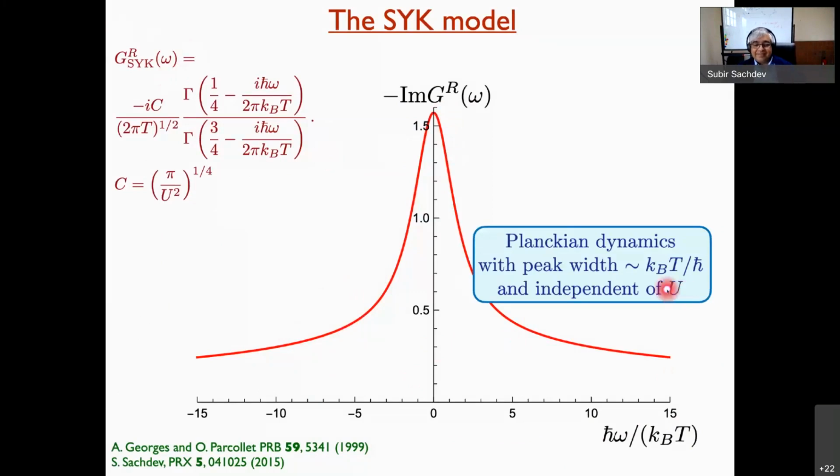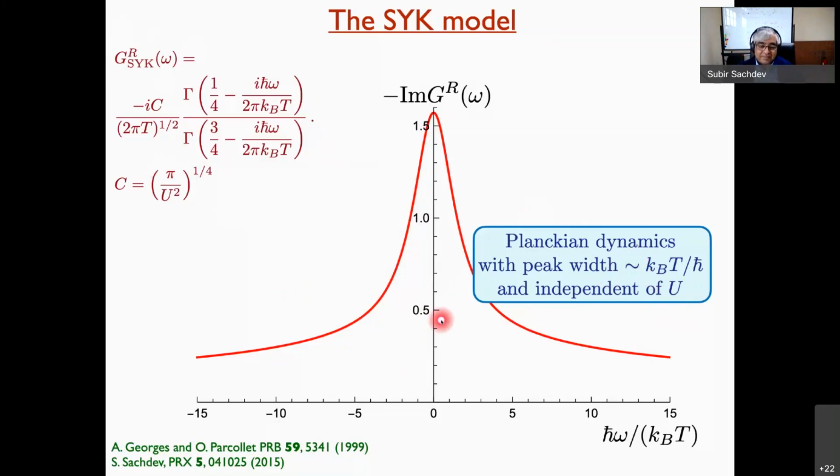So that's really the thing that got us excited when I first started working on this, because you now have a regime where there's a natural time scale which doesn't depend on the interactions at all, as would be the case in a Fermi liquid. But you have this rounding with temperature, or some kind of dissipative or relaxational time here, which is h bar over kT. And that just comes out of the structure of this model at low energies.